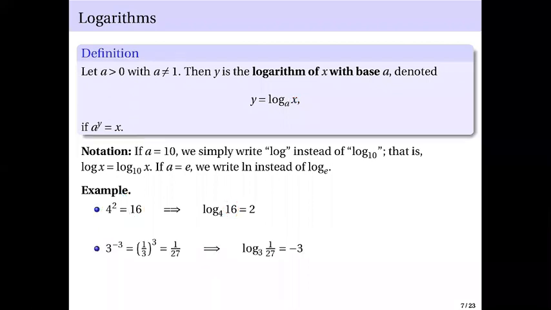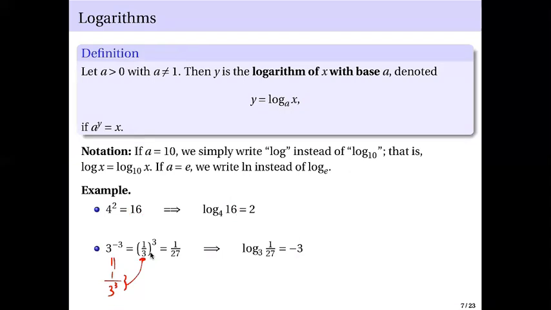Next example. Here, we have 3 raised to negative 3. But we know if we have a negative exponent, we can bring it to the denominator. So this guy here, we can write as 1 over 3 to the power 3.